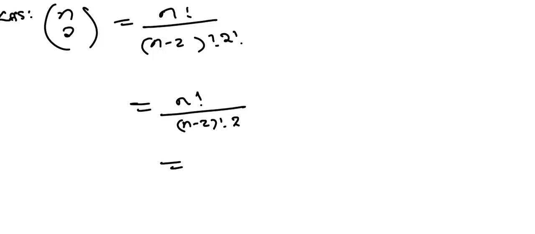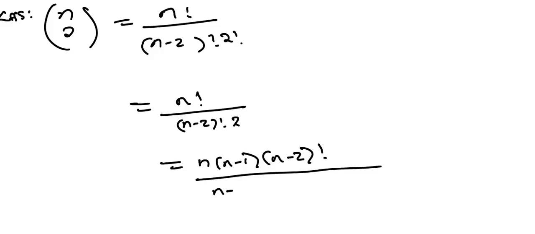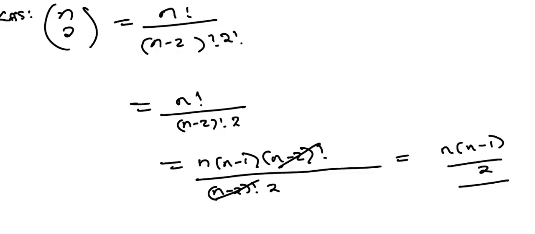This is going to be n times n minus 1 times n minus 2 factorial, over n minus 2 factorial there. I'm seeing this, so this can cancel to give us n times n minus 1 over 2. This is basically what you get, which is equal to the right hand side. That's what you have.